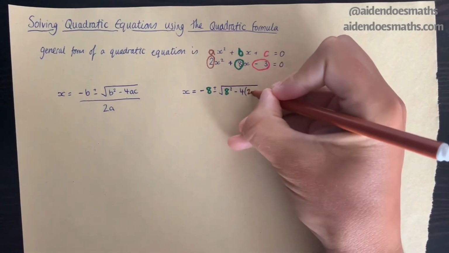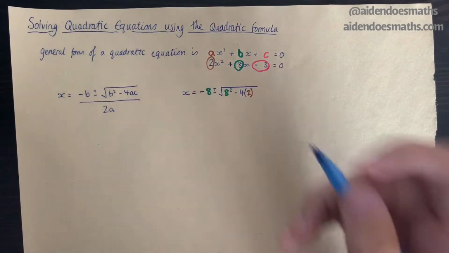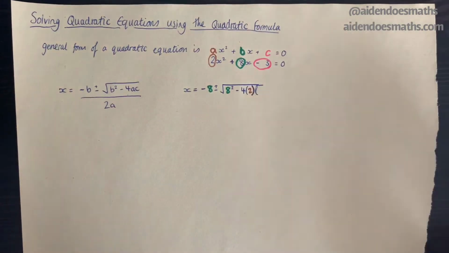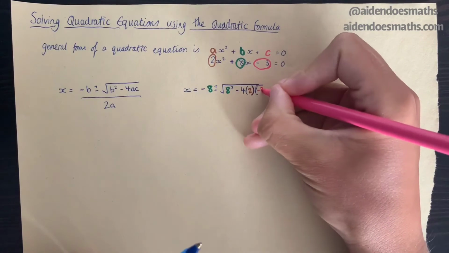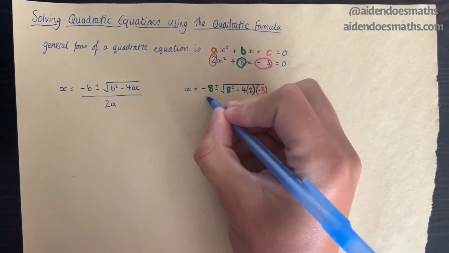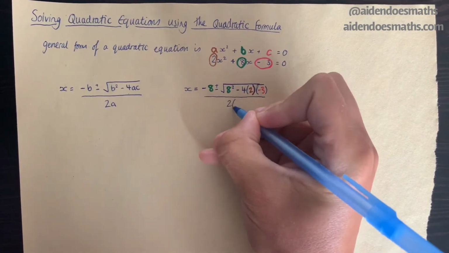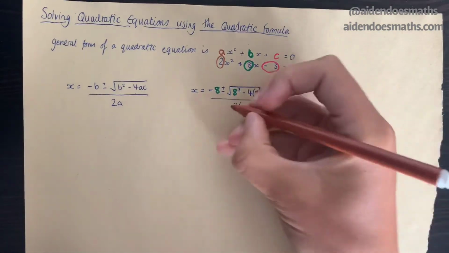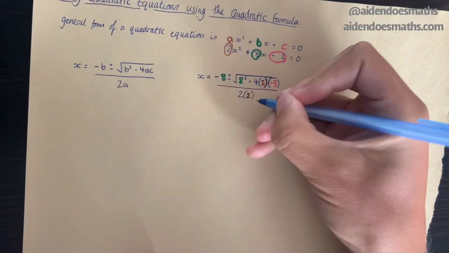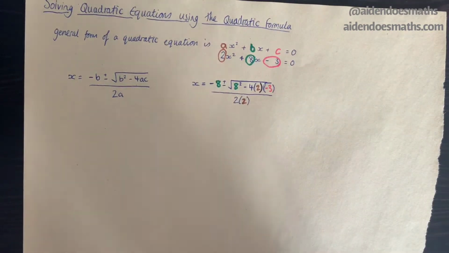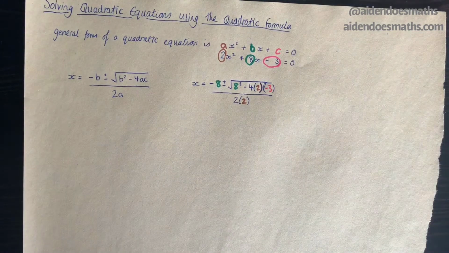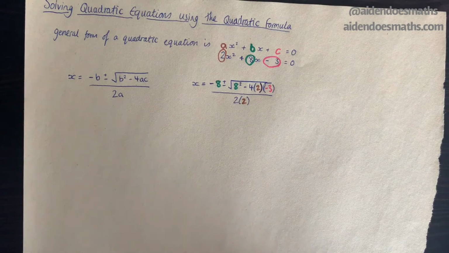So a was 2, and our c was that minus 3, remember. And don't forget our denominator, 2 lots of a, was our 2 there. So hopefully using those colours and the quadratic formula there, we should be able to understand how to substitute into the quadratic formula.